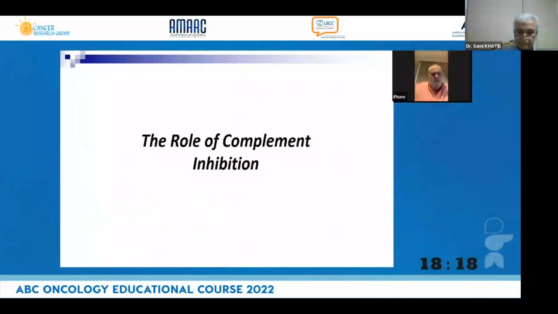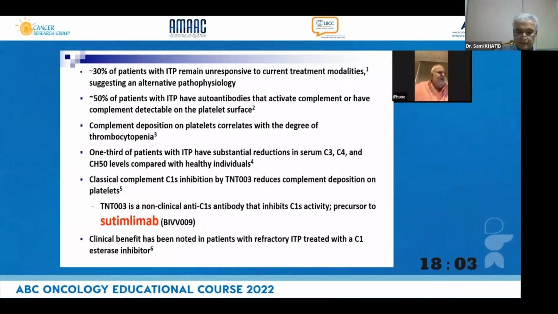Next slide, please. Now, what is the clinical importance of the complement inhibition? We know that 30% of the patients with ITP remain unresponsive to current treatment modalities, and this suggests an alternative pathophysiology. 50% of patients with ITP have autoantibodies that activate complement or have complement detectable on the platelet surface.